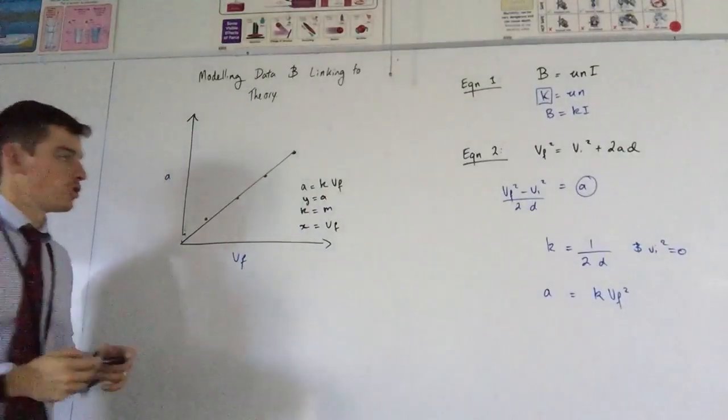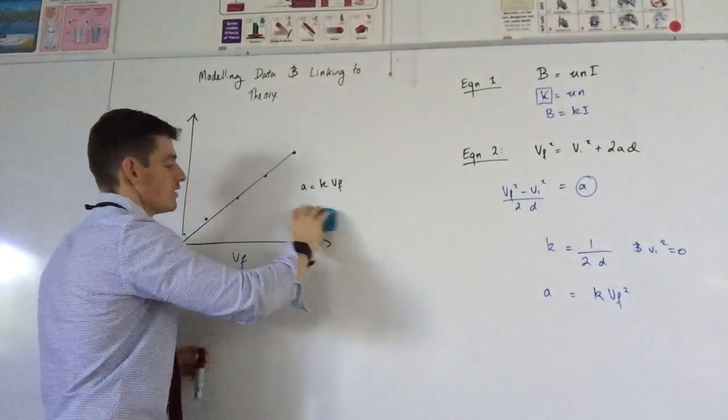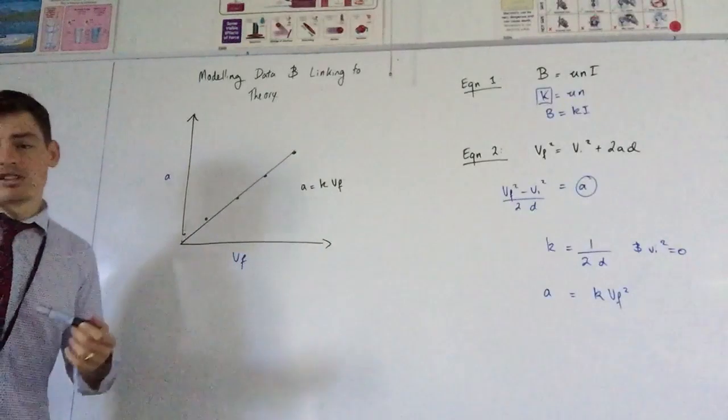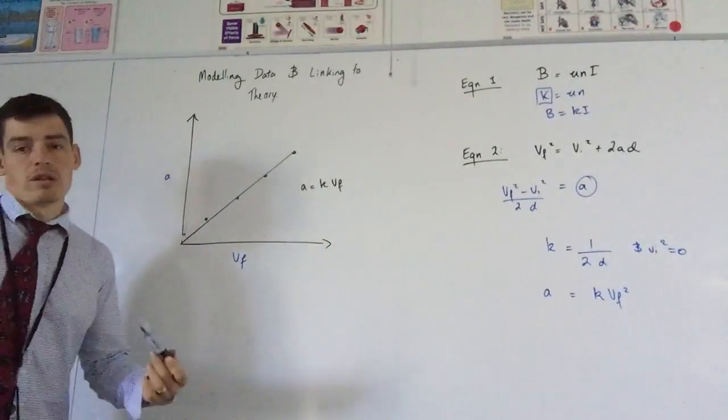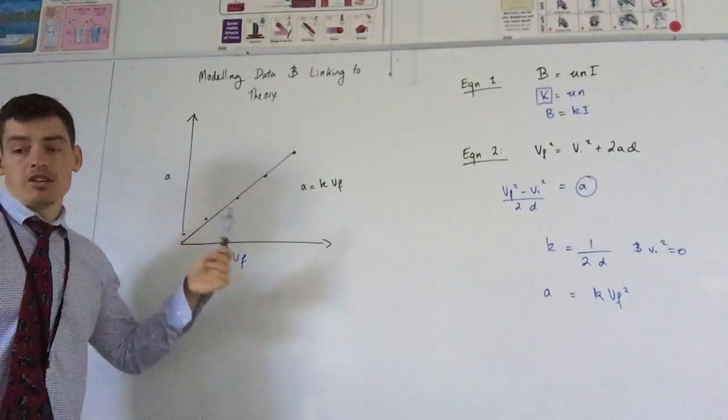So that does not support my theory. It does suggest that as final velocity increases, so does acceleration, but it does not support my theory in the way that it's not showing a polynomial. It's showing a linear trend.